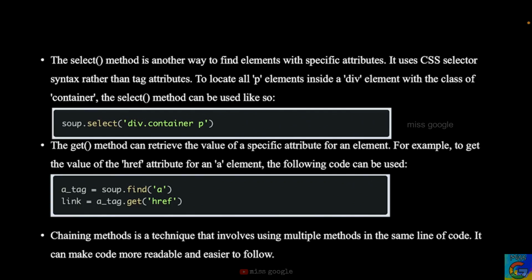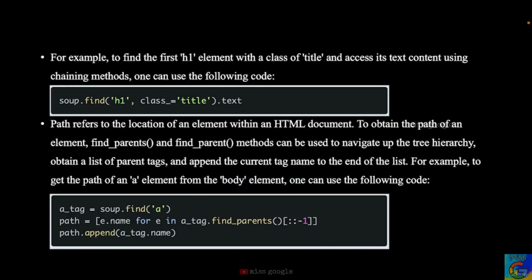The chain method is a technique that involves using multiple methods in the same line of code. Like for this next one, we want to find the first h1 element with a class of title and access its text content using chaining methods.